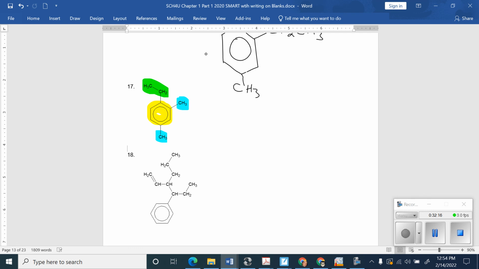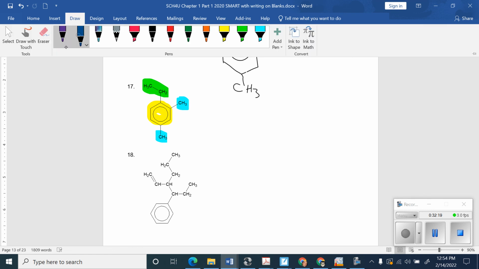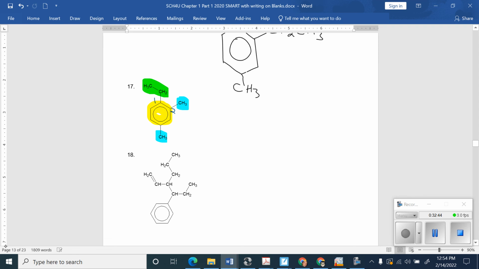So from a numbering point of view, we want to number these to keep the numbers as low as possible. So this has to be 1, the only way we can do this is 1, 2, 3, 4, right? So if I went 1, 2, 3, 4, then 3 and 4 is higher than 1, 2, right? So I'm going to go 1, 2, 3, 4, 5, 6.